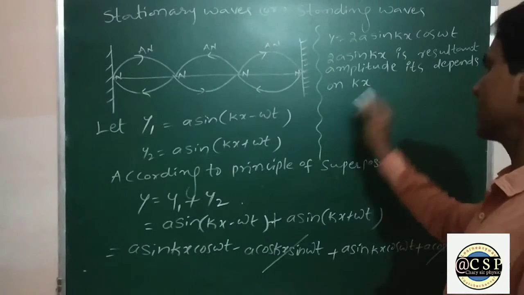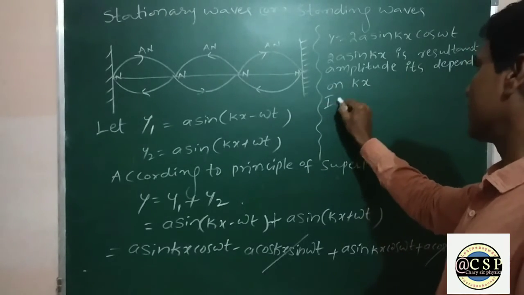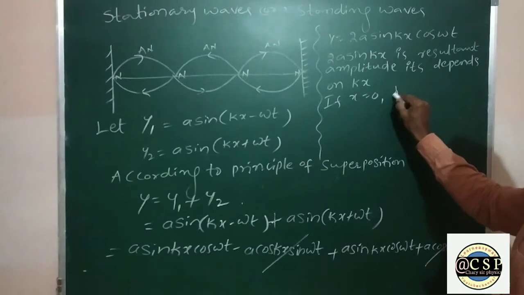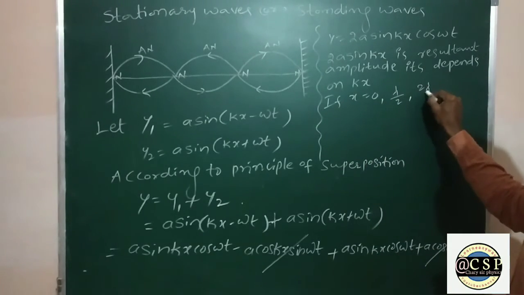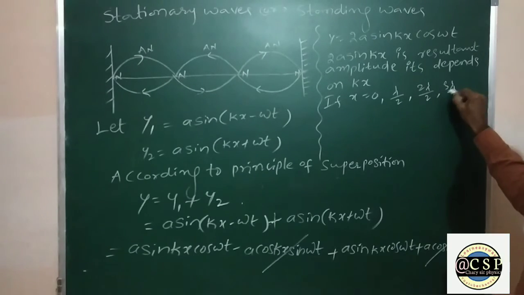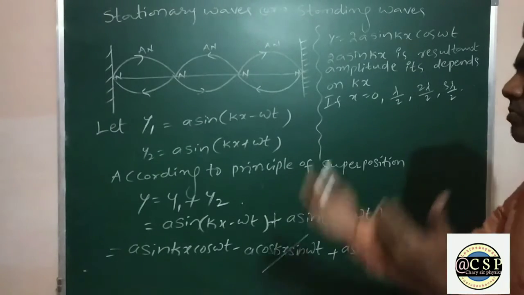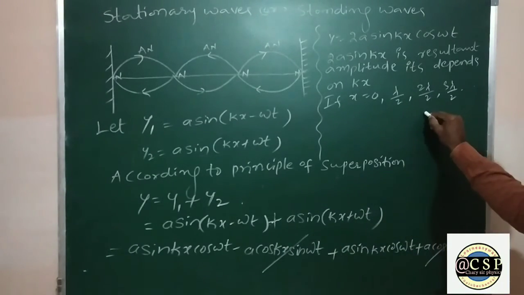It depends on kx. If x equals 0, lambda by 2, 2 lambda by 2, 3 lambda by 2, and so on, then at those positions the vibrations of the particles are minimum. Those positions are called nodes.